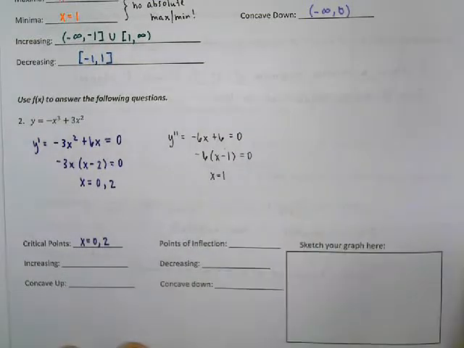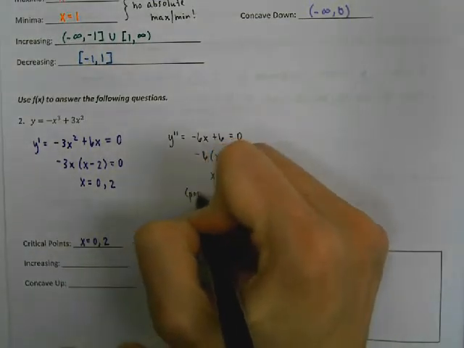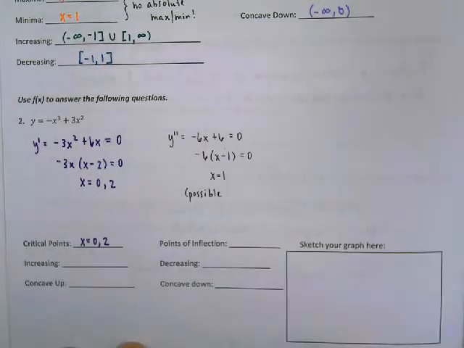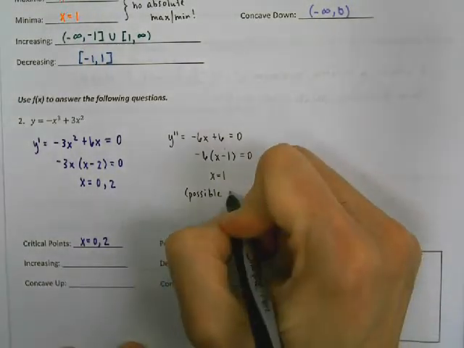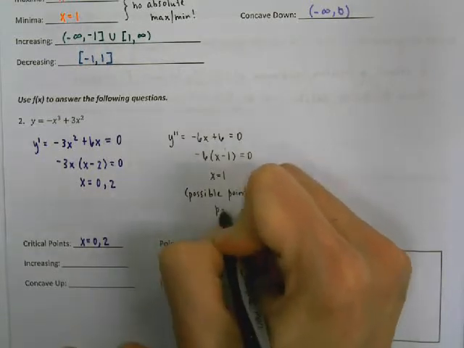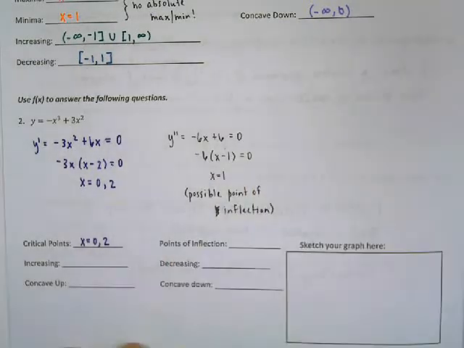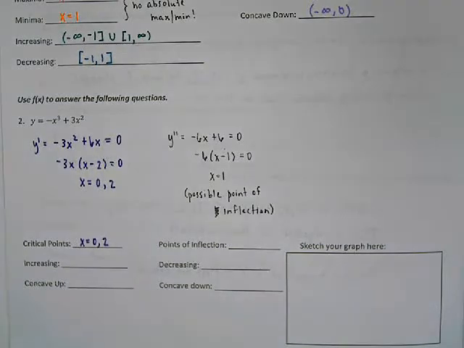So I have a possible inflection point at x equals 1. And again, we say it's only possible because we don't know that the concavity actually changes there. So for now, it's just a possible point of inflection. So I'm not going to put it down quite yet.